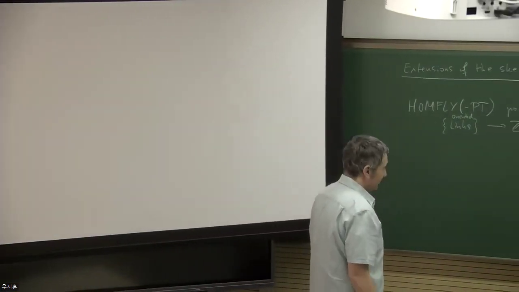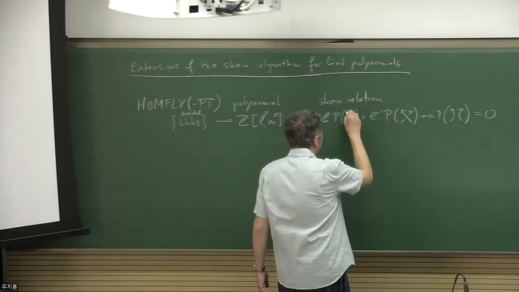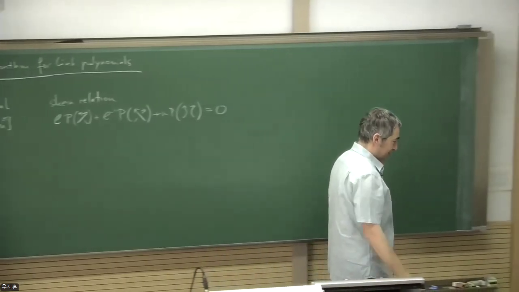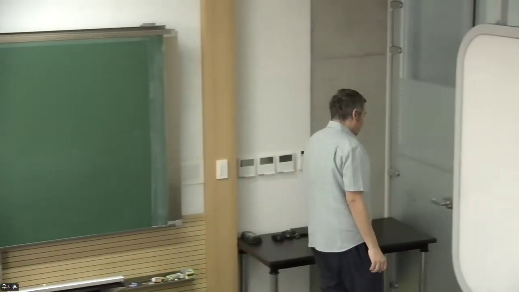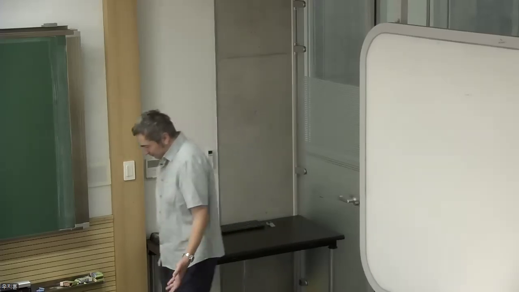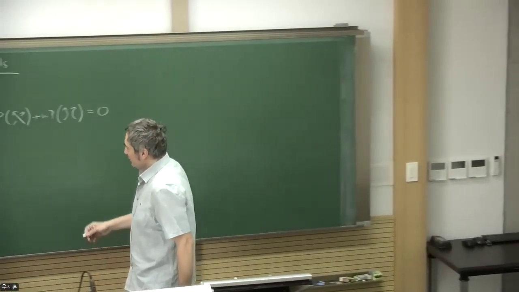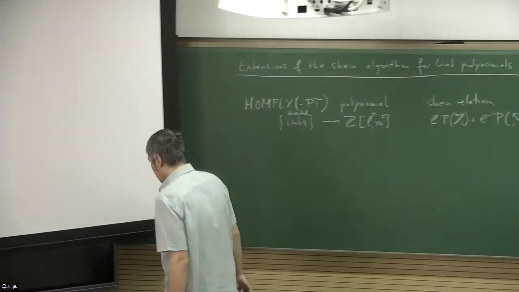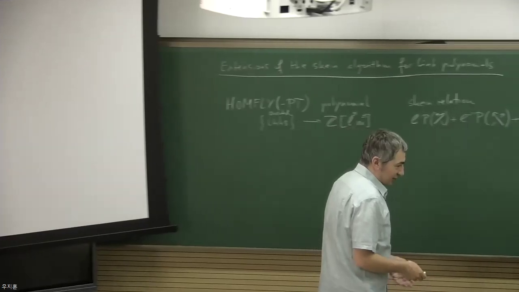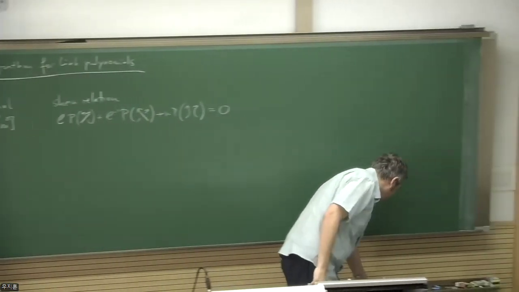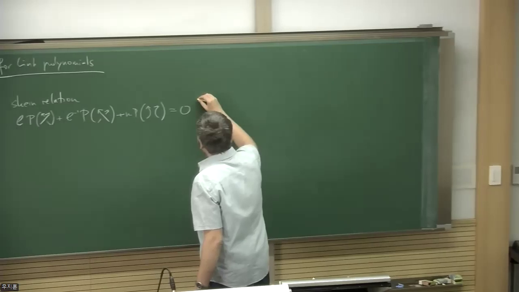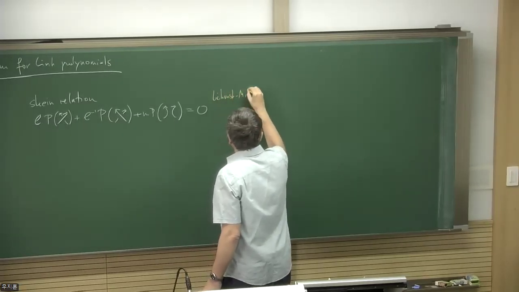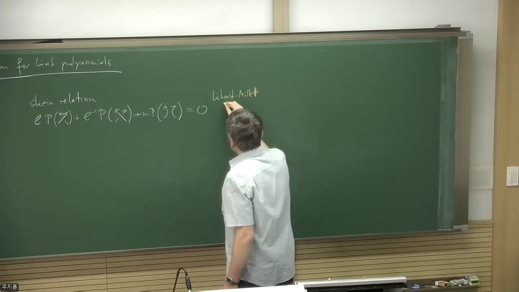Okay, and this is called the skein relation. I explained very briefly last time that this skein relation is sufficient to calculate the polynomial using a certain recursive process, and this is what I mean by skein algorithm. So this is the Lickorish-Millett convention.